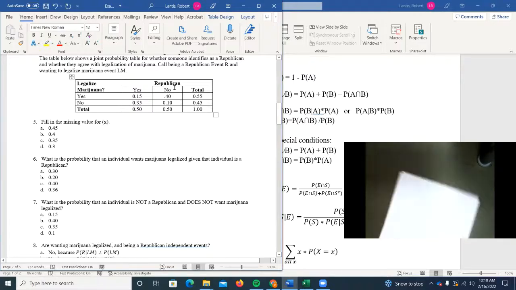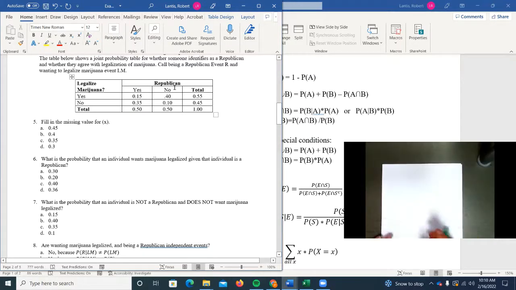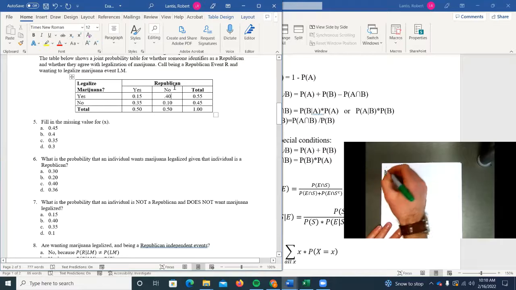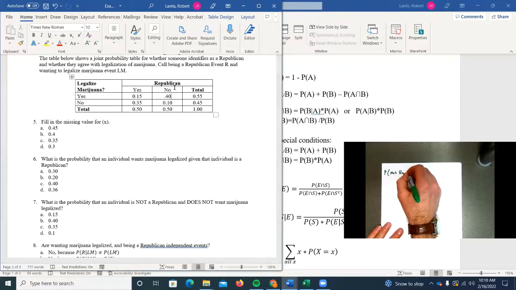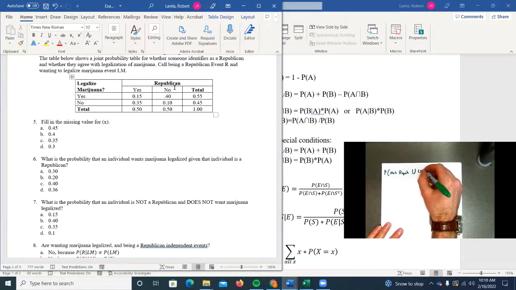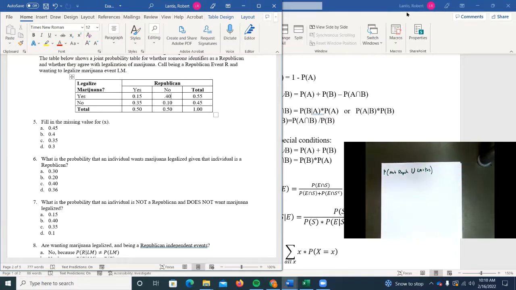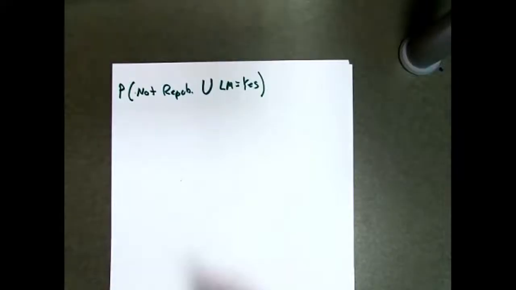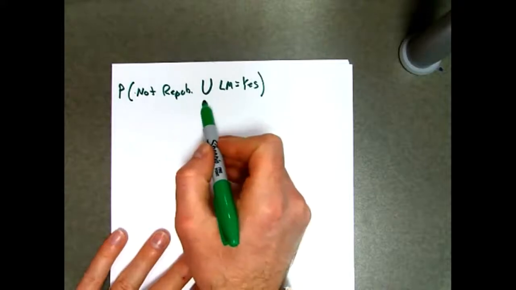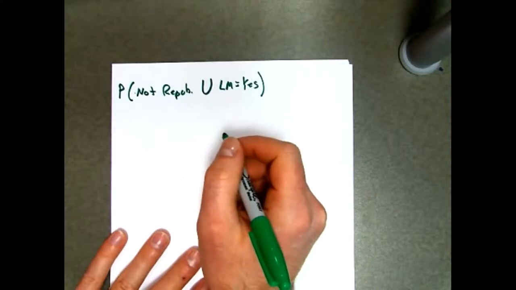So what if I said, what's the probability that someone is not Republican or wants marijuana legalized? Okay. So what's the probability someone's not Republican or they do want marijuana legalized?